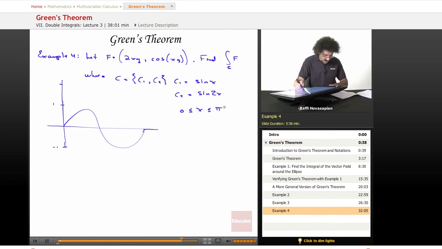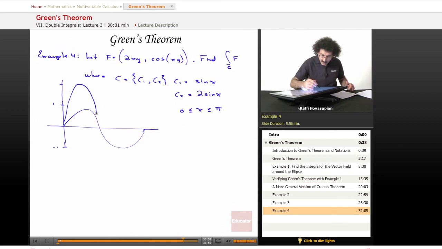Actually, I think I have sine 2x, 2 sine x. Yes, I'm sorry. This is not sine 2x. This is 2 sine x. There we go. So sine 2x would actually end up giving me a different period. We're going to have the same period.